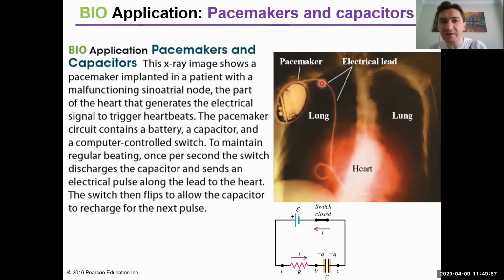So this is an electrical lead that goes to the heart. So this pacemaker sends pulses to the heart. The switch then flips to allow the capacitor to recharge for the next pulse.